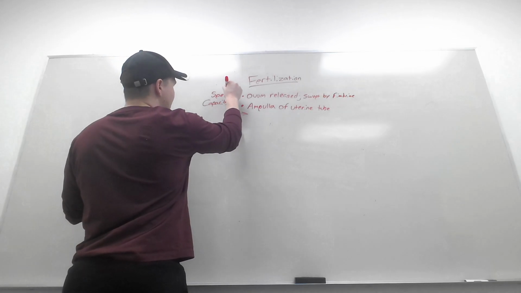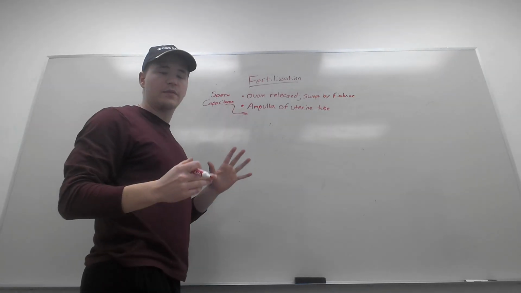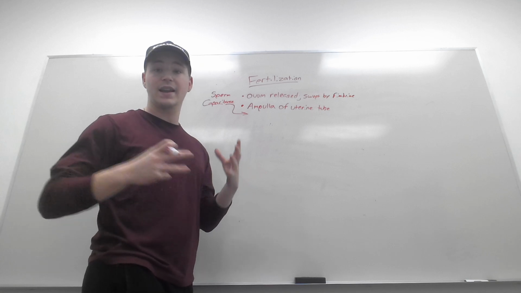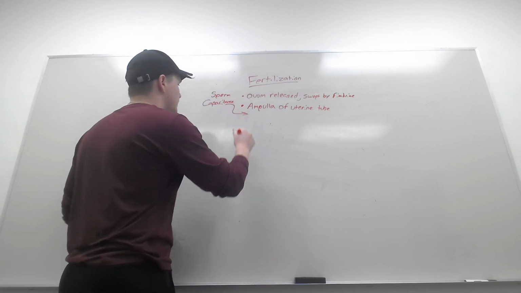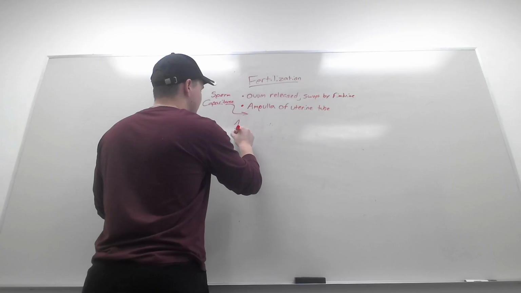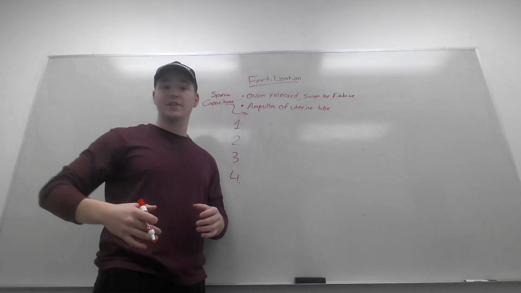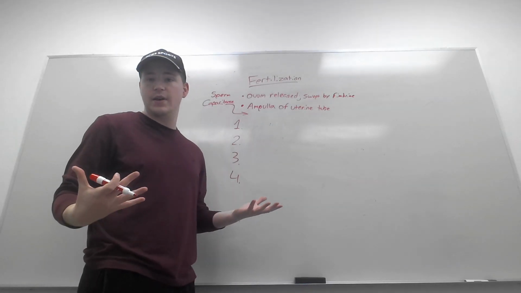After that happens, we finally have the sperm going into the ovum, going into the egg, and fertilizing it. How does that happen? That process happens in 4 steps. And remember, the sperm actually has to get to the egg. How does it do that?